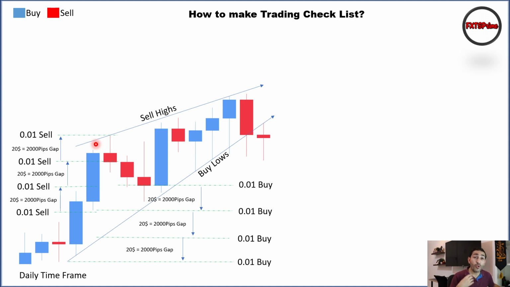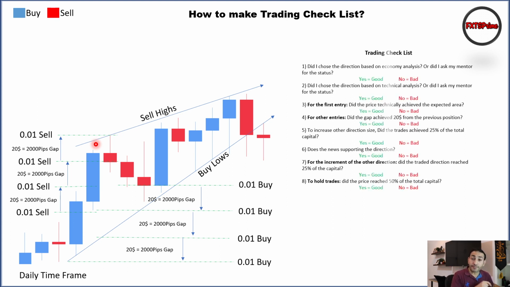And if you want to go longer, you can trade weekly time frame. And if you want to go longer, if you are too busy, you can go for 1 month time frame. Don't go for the 1 minute and the 5 minutes and the 15 minutes. That is for scalping. Now, the checklist plan.